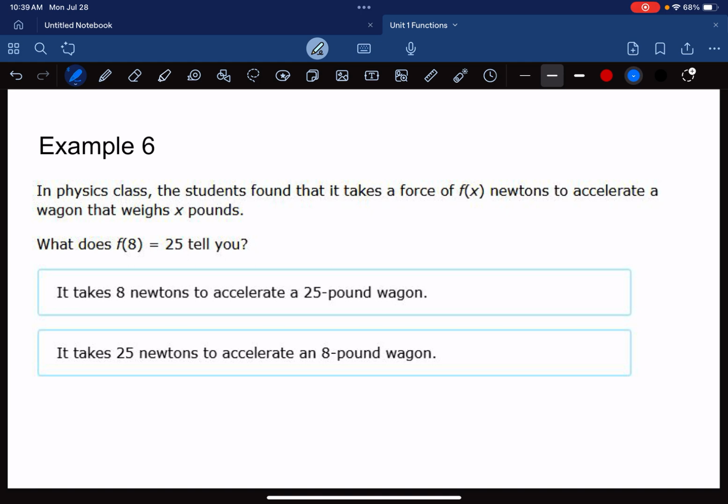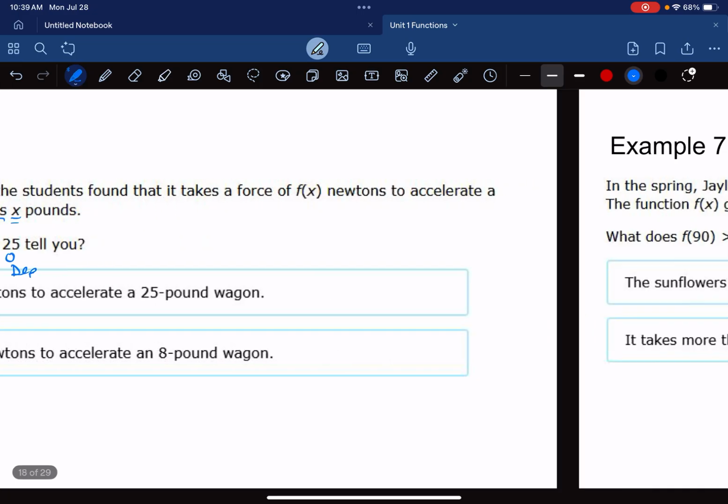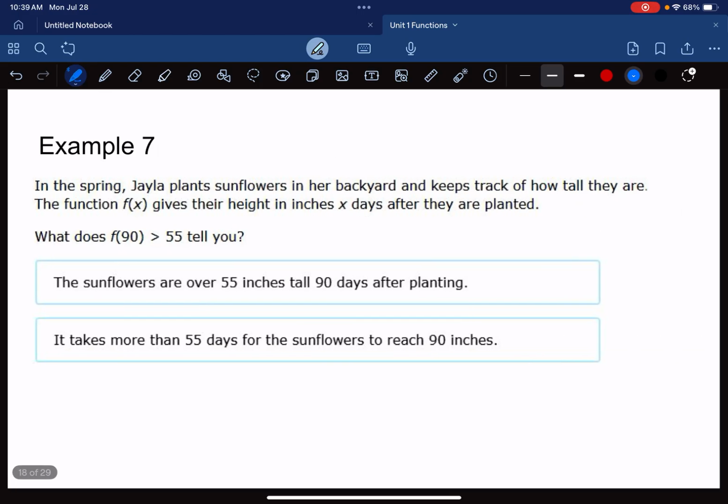Well, remember that the X value is the one that is the independent value, and it's going to go in the parentheses here. So it takes 8 newtons of force to have an output of 25 pounds. So this is the input, this is the output, this is the independent, and this is the dependent. Okay? You guys give this one a try.